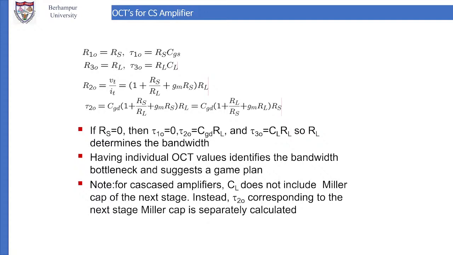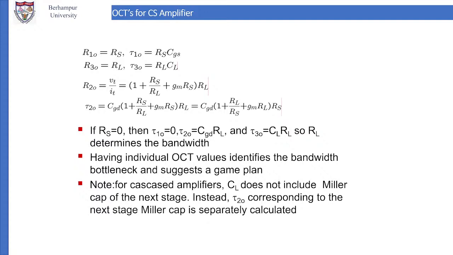Now if you look at this, if RS is equal to 0, then tau 10 is equal to 0. Similarly, tau 20, once you put RS equal to 0, is equal to CGD into RL, because other terms will cancel out.